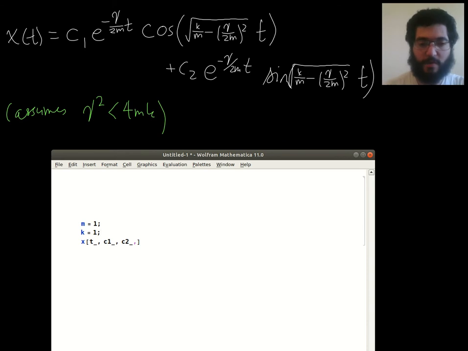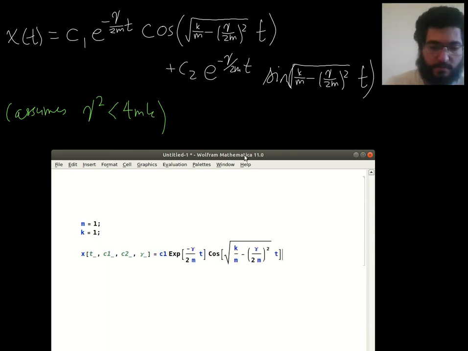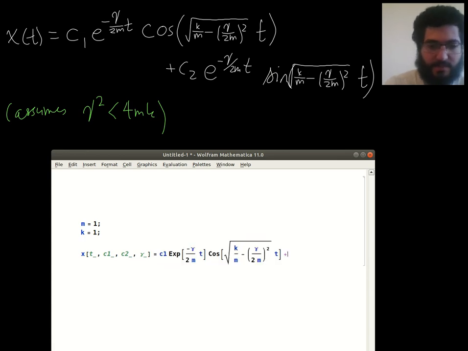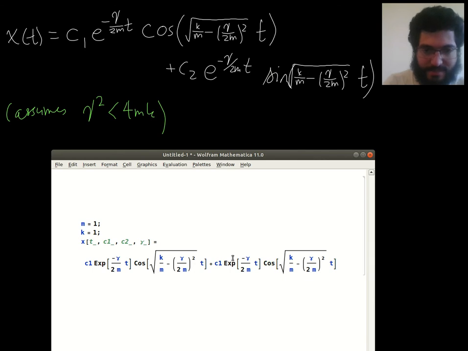We mentioned in the last video why that doesn't hide anything from us, because units could always be chosen to force these to be true. Okay, and I'm also going to include the dependence of x on gamma. That's not how I was writing it last time. Then I just need to copy this stuff over. There's the first term, and I can copy and paste to get the second term. So c2 here instead of c1, and just sine instead of cosine.